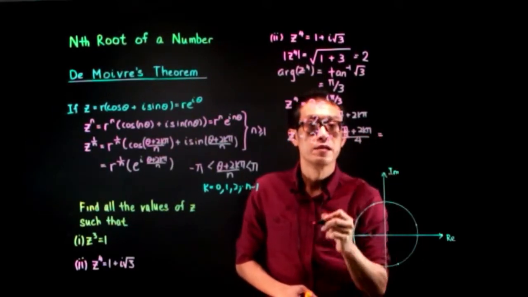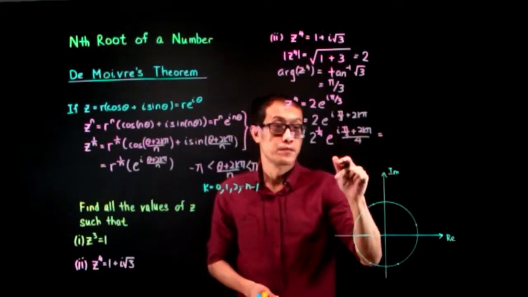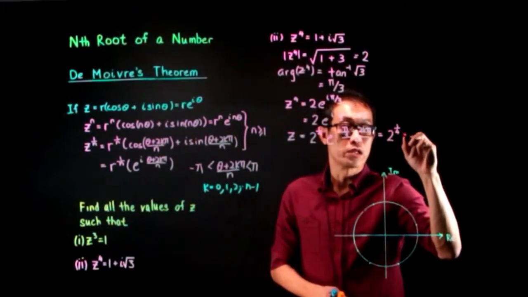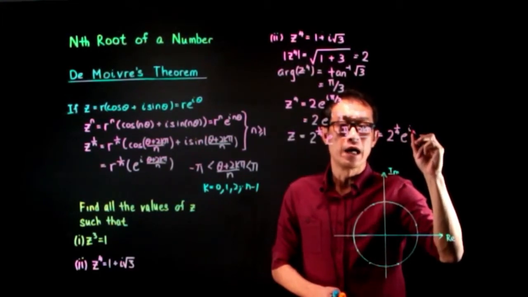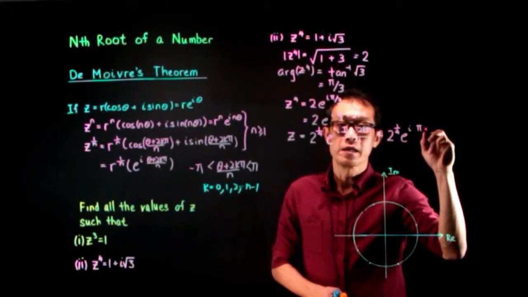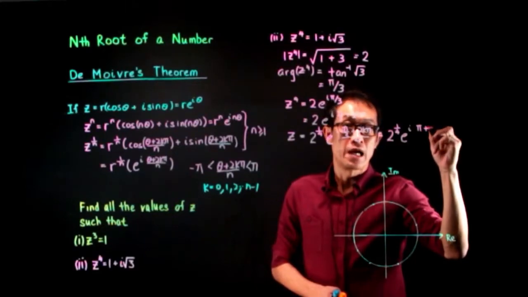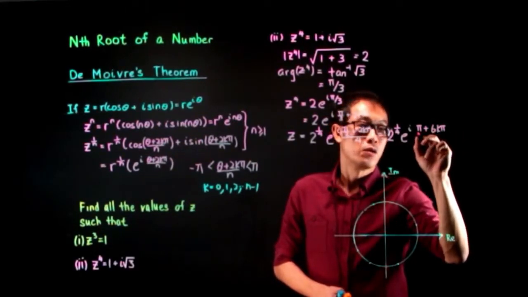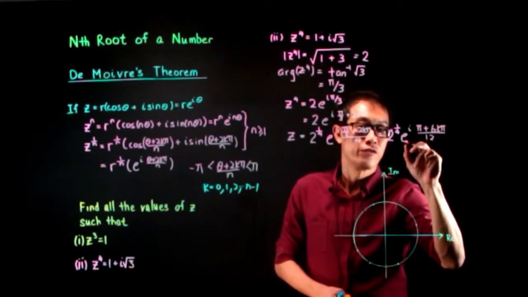That will be equal to 2 to the power of a quarter e^(i (pi plus 6k pi) over 12).